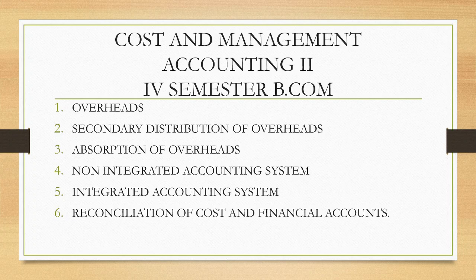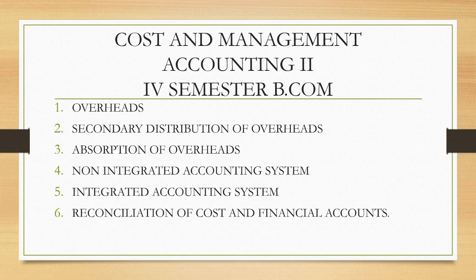These 6 chapters can be broadly classified into two, the first, second and third chapter being the first lot, and 4, 5 and 6th chapter the second lot. The first 3 chapters relate to overheads. The first chapter is about overheads, the basic concepts as well as primary distribution.